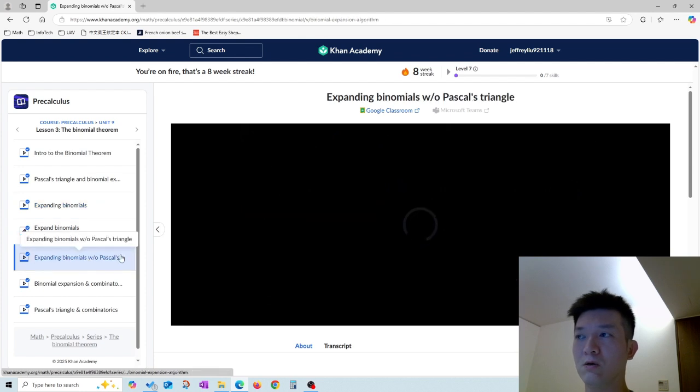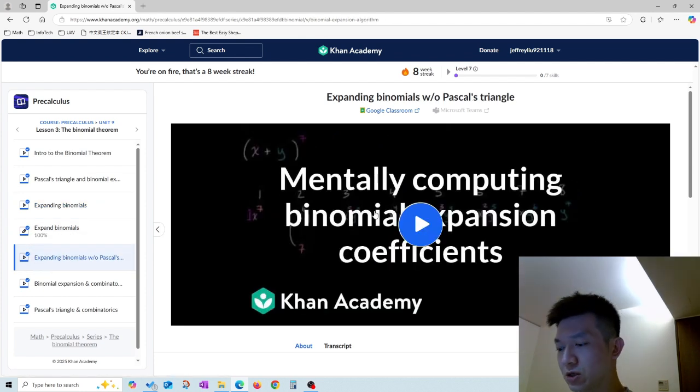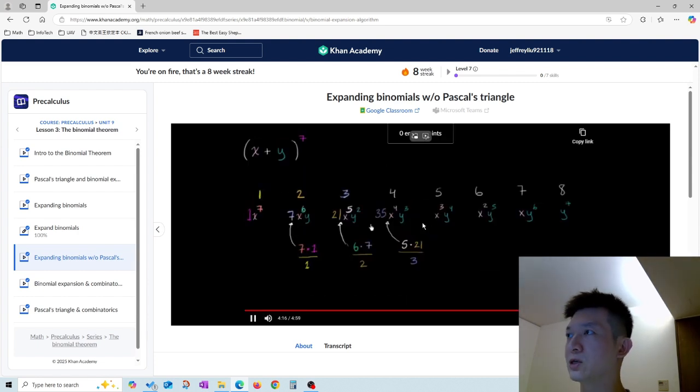Okay, so now we move on to a small trick for when we are expanding binomials with Pascal's triangle. So you can see here, this is x plus y to the power of 7. So right away in your Pascal triangle, you are doing the number 7 level, right?